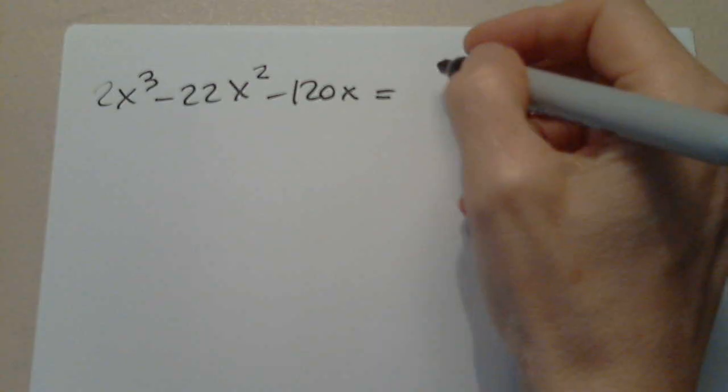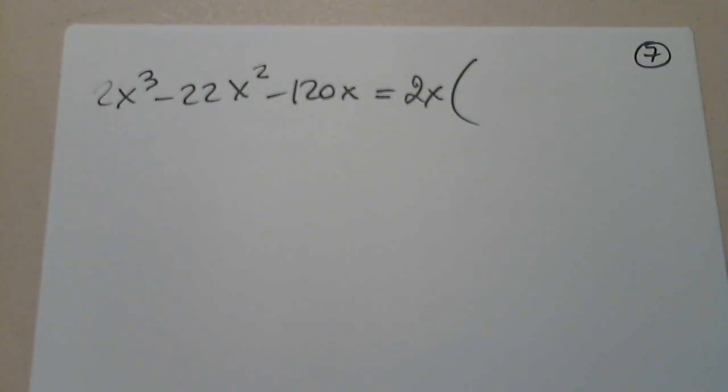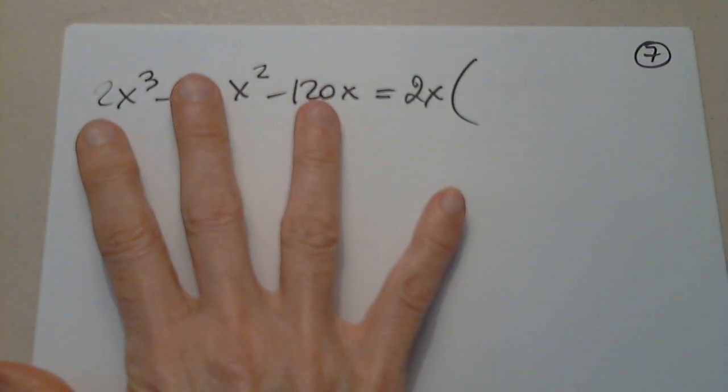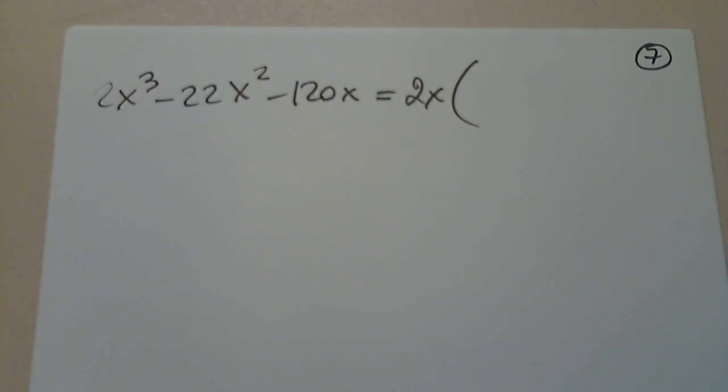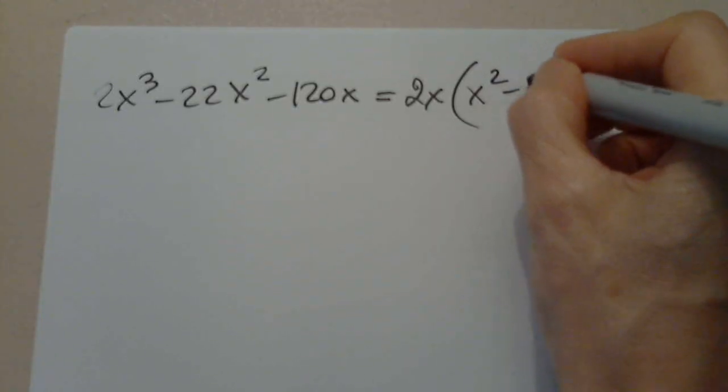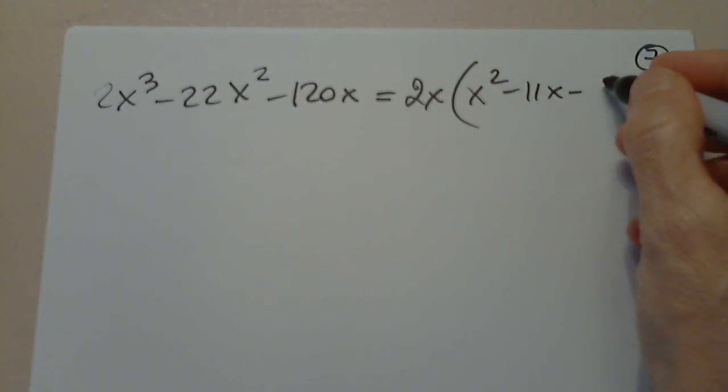Very good. What is left in parentheses? Remember, we started with 3 terms. I have to have 3 terms in parentheses. So what are those 3 terms? X squared minus 11x minus 60.